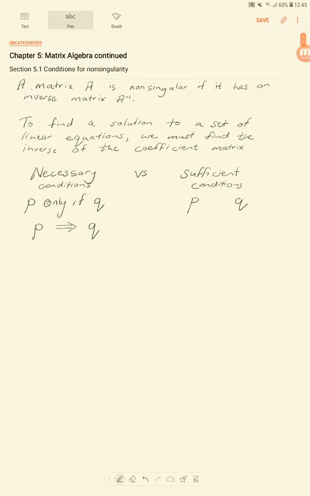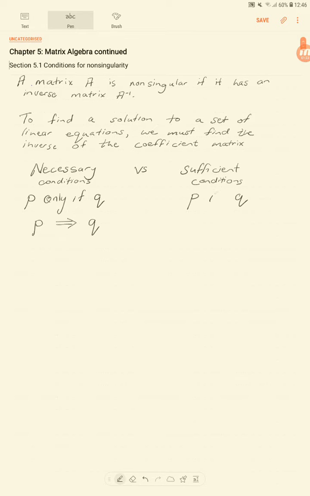A sufficient condition states that P is true if Q is true, so no "only".